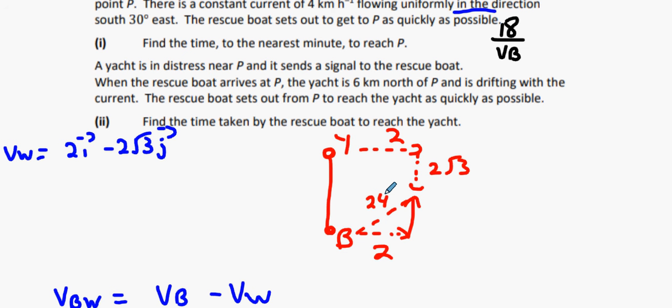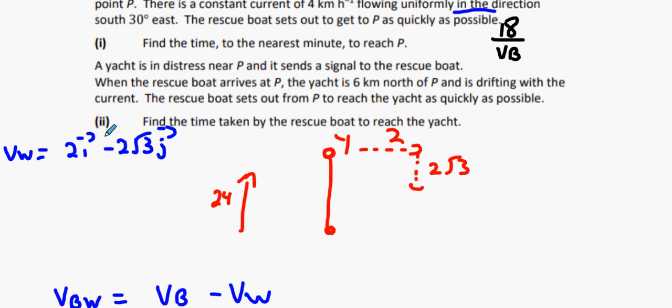All right. That's not so bad because the boat's actually in the current as well. So it's also affected by the current. So here's what's going to happen. What happens if the boat aims all 24 straight up?